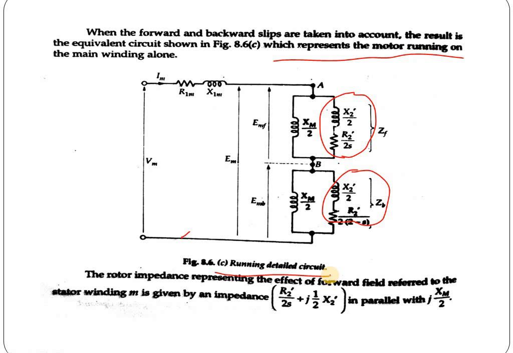The rotor impedance representing the effect of forward field referred to the stator winding M is given by R2 dash by 2S plus jX2 dash by 2, in parallel with jXm by 2. That means these portions remain unaltered, Xm by 2 here and Xm by 2 there, only the resistance part which is related with slip has been changed.